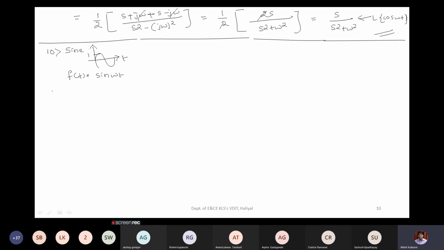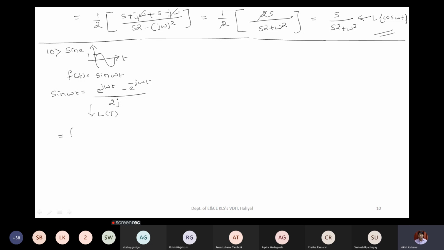Okay, but sine omega t can be given as 1 by 2j times e to the power j omega t minus e to the power minus j omega t. Yes or no?